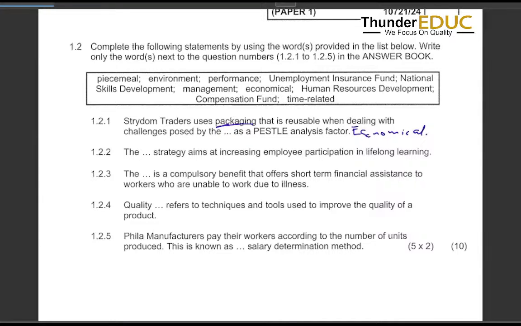Okay, right. So now let's move on to 1.2.2. It says the dash strategy aims at increasing employee participation in lifelong learning. So in this regard, we have National Skills Development.